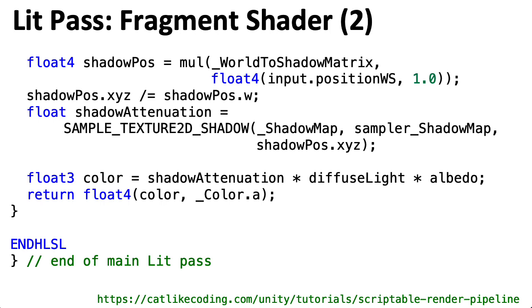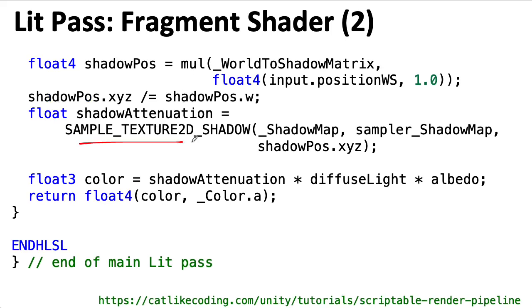Now we're using this special sample texture 2D shadow macro, and what this does is it uses the XY coordinate of the shadow position to look up a value in the shadow map. It then compares the value it finds with what's in the Z coordinate of the shadow position.